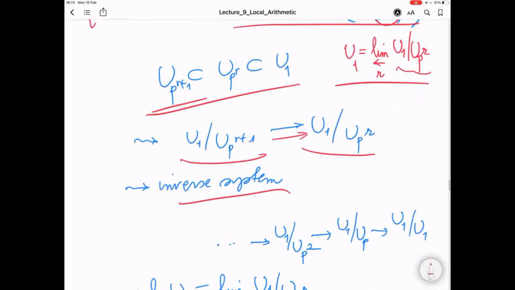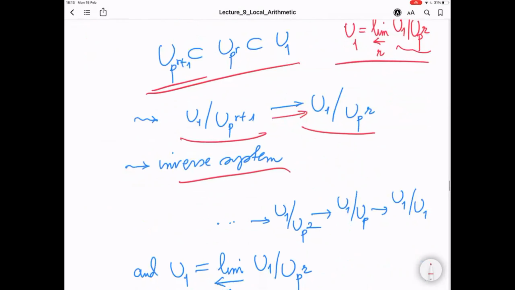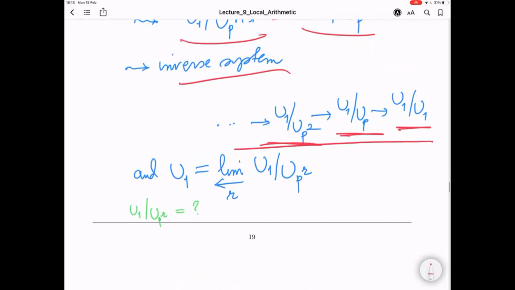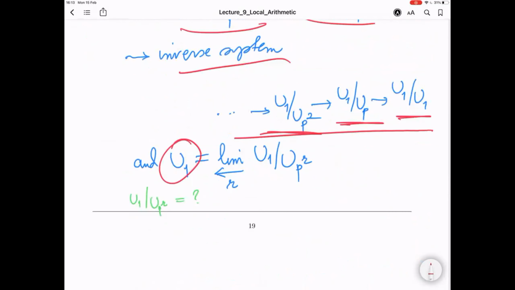And here are the first few terms of that inverse system: U1 modulo U1, U1 modulo U_p, U1 modulo U_{p^2}, and so on. And U1 is basically the inverse limit of this system. So if we want to understand what U1 is, we need to understand what U1 modulo U_{p^r} is. Okay, fine.